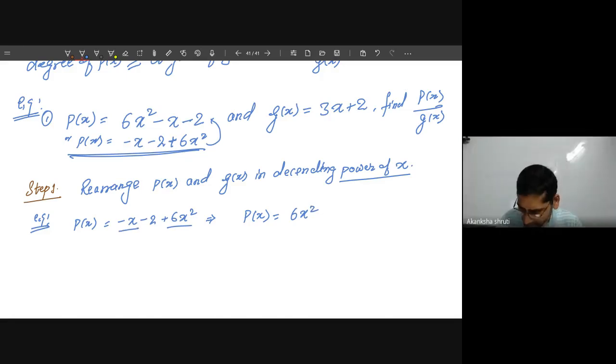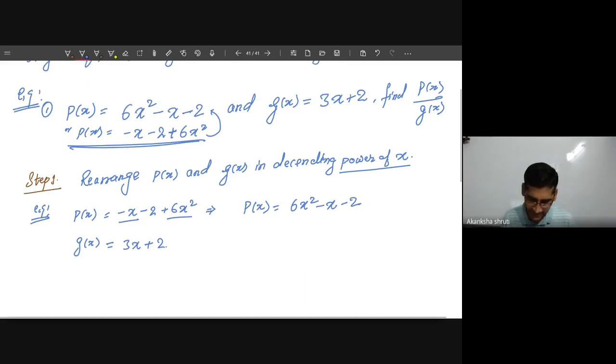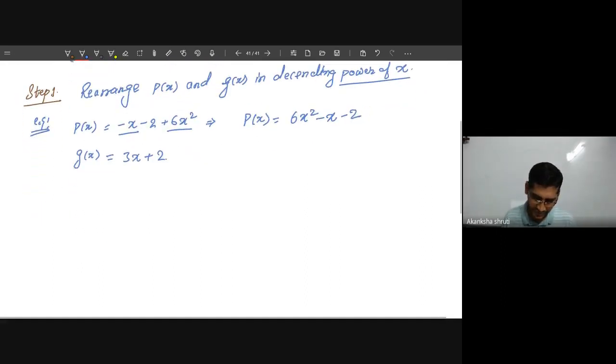Afterward, the x term, the sign is important, minus x, then the constant term minus 2. So this is the very first step. If I consider this as g(x), g(x) is already written in descending order, so no need to rearrange it, because x has degree 1 and the other is the constant. It means you have to write in standard form. This is step 1 that we have to follow.